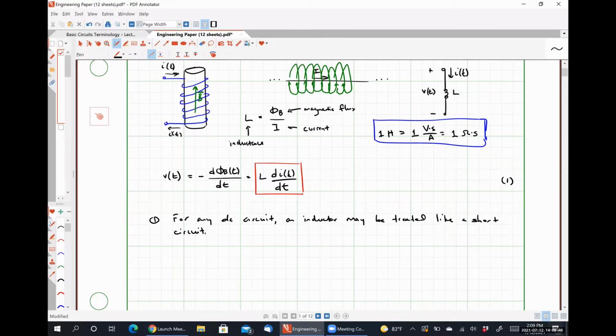Okay, so this is exactly opposite what we observed in a capacitor. In a capacitor for DC circuits, we treated them as open circuits. For inductors in DC circuits, we treat them as short circuits.